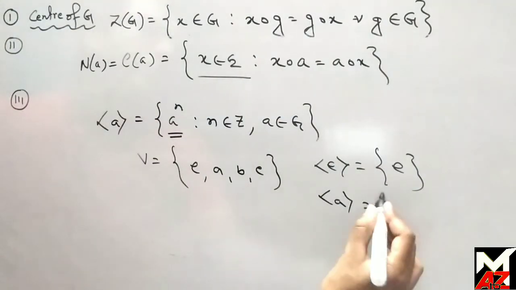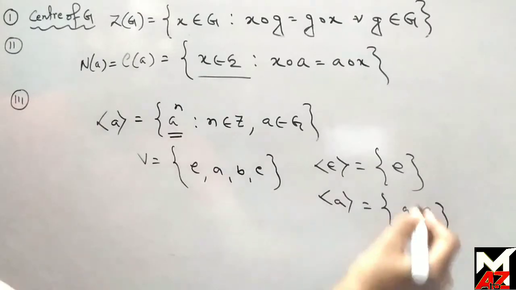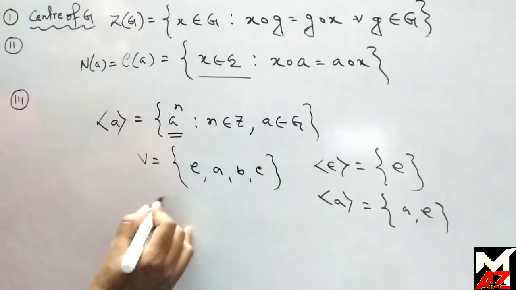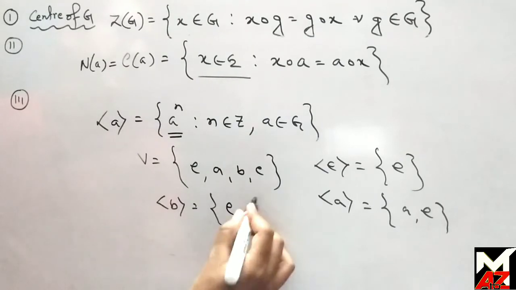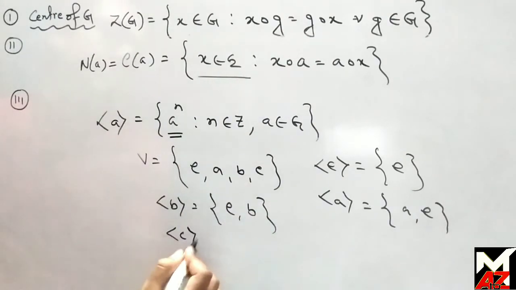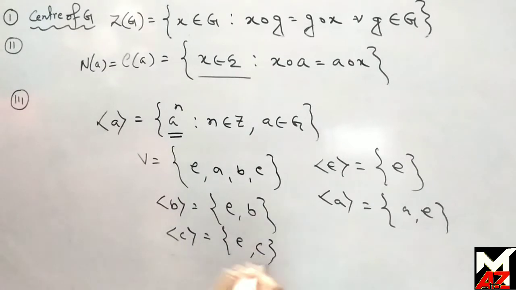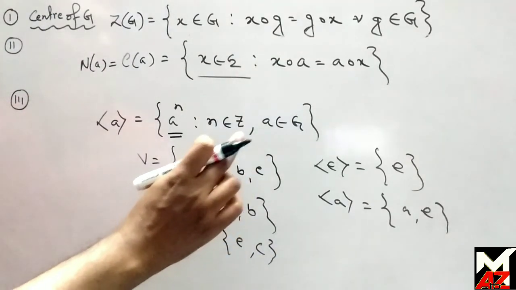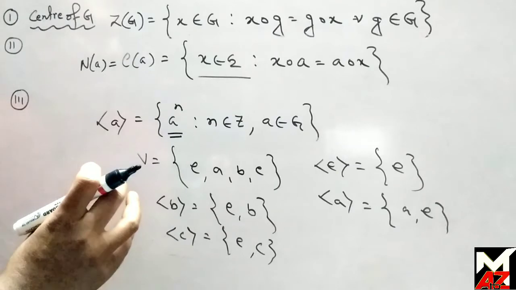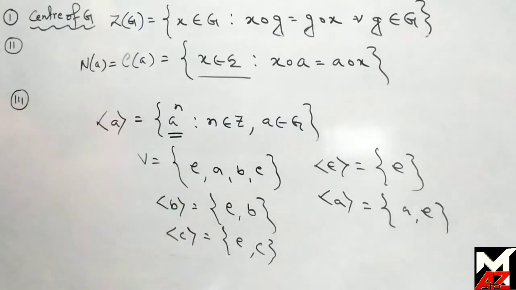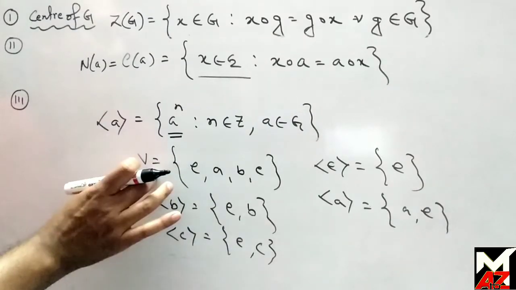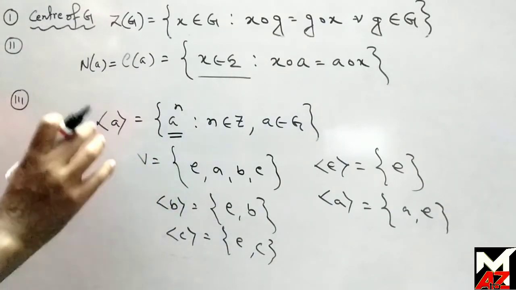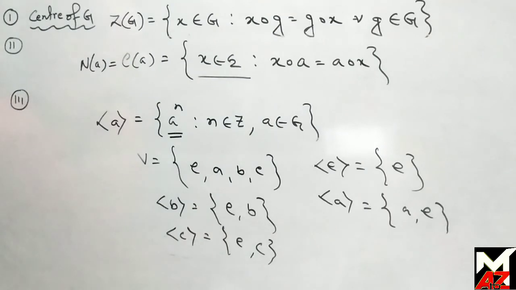Generating A, we get A and E because A squared equals E. Generating B, we get E and B. Generating C, we get E and C. So all four elements generate different subgroups, and there is no element of V which generates the group itself.